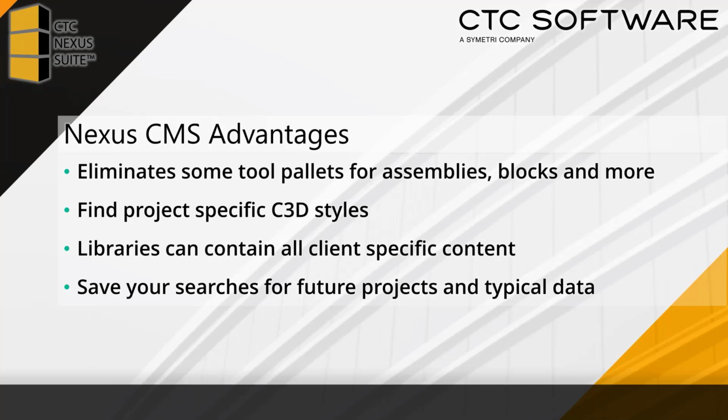And then libraries can also contain any client-specific styles, anything that has to do with a particular client and the way they might layer things or what have you. We can pull that stuff out using CMS as well. And then, as I mentioned, we can save those searches for future projects and typical data, things that we like to use on a consistent basis.